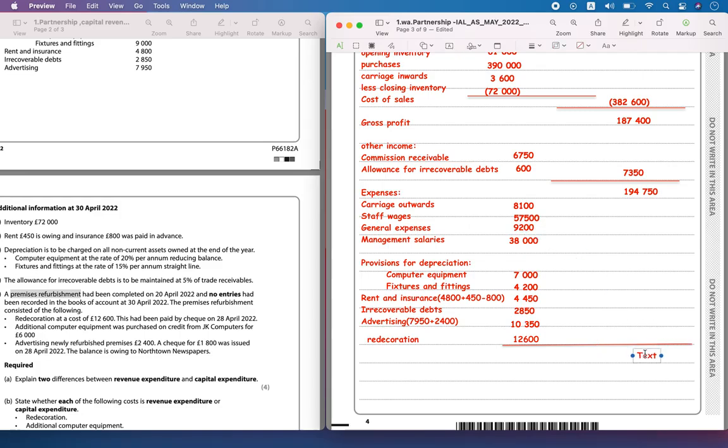This is going to add up to 154,250. Now let's calculate the profit for the year. The profit for the year will be revenue, the total income, minus these expenses. So 194,750 minus 154,250 is equal to 40,500.